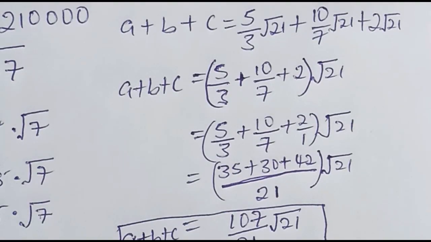A plus B plus C equals 107/21 square root of 21.